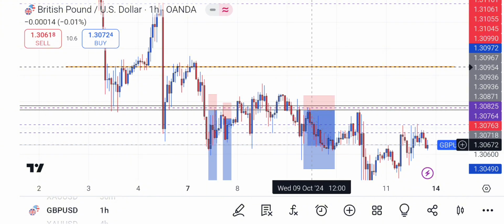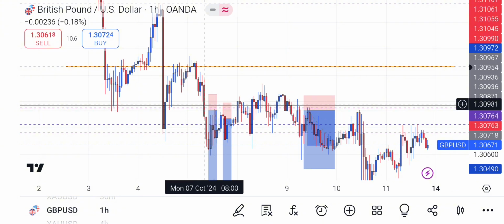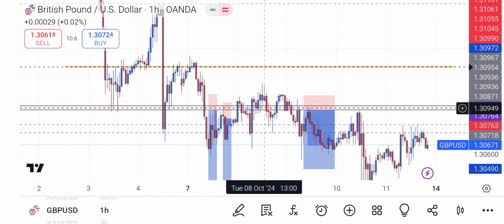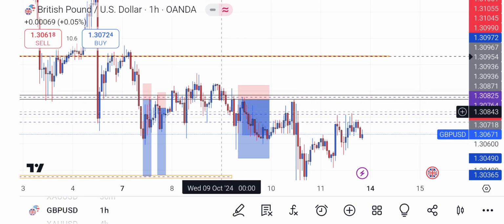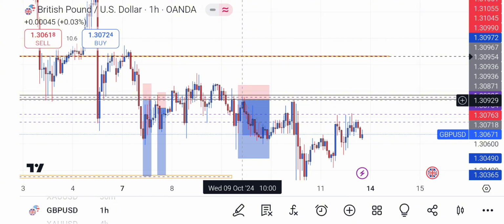After both my SLs were hit on Tuesday, I waited and kept watching. On Wednesday, the market came up to this level again, another entry.